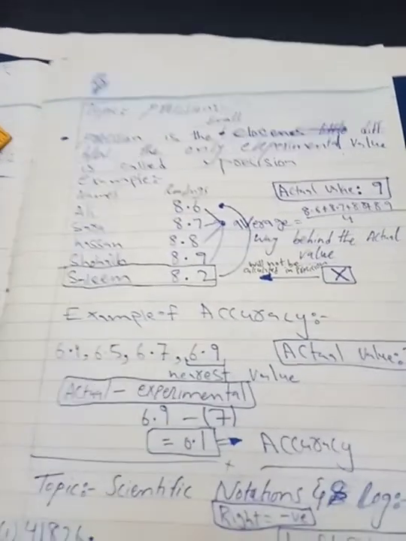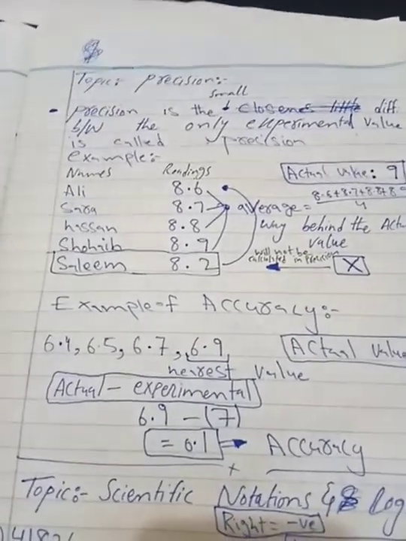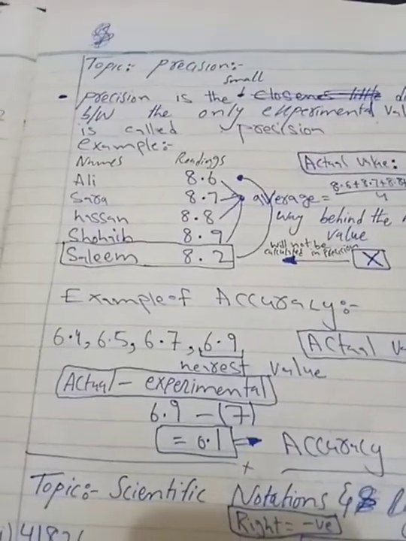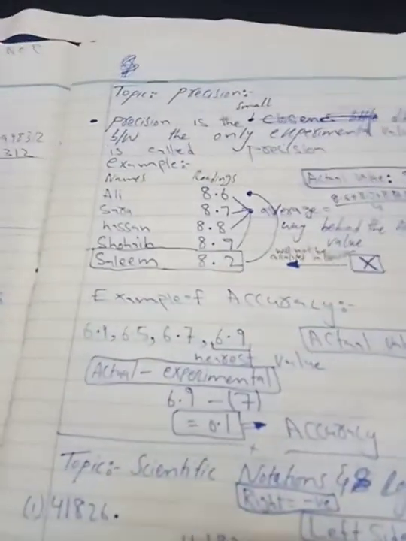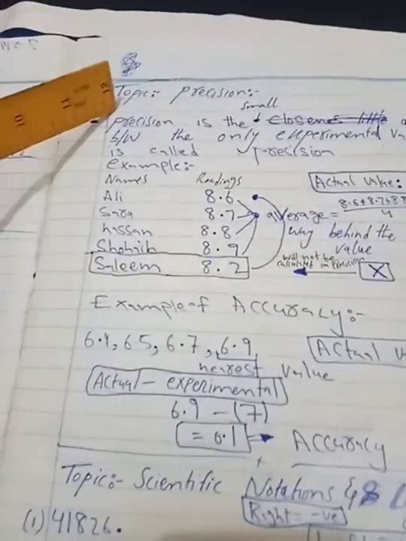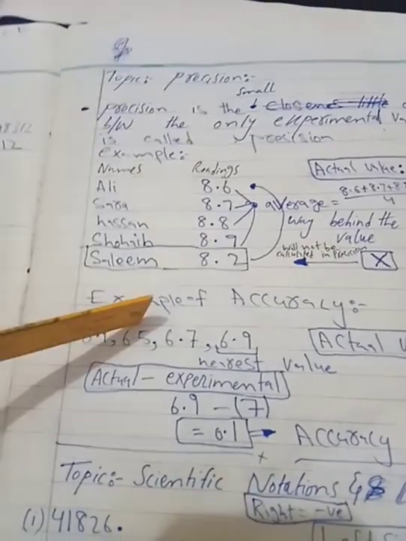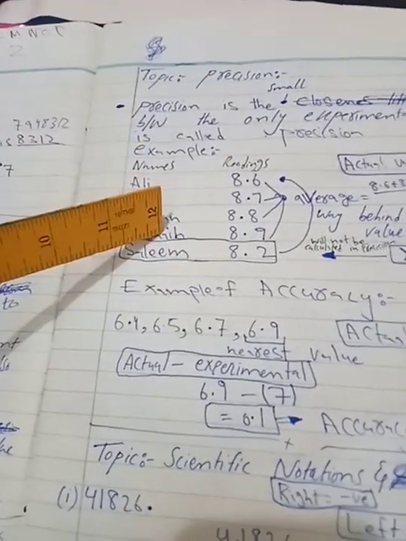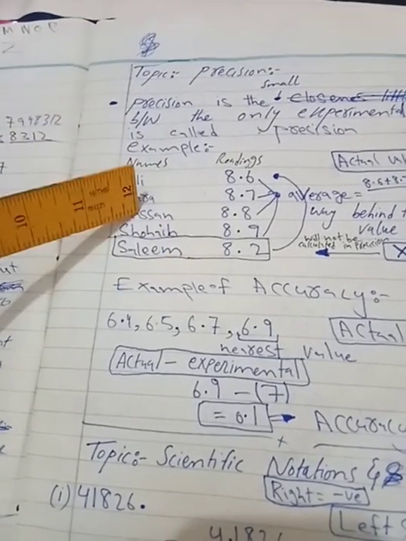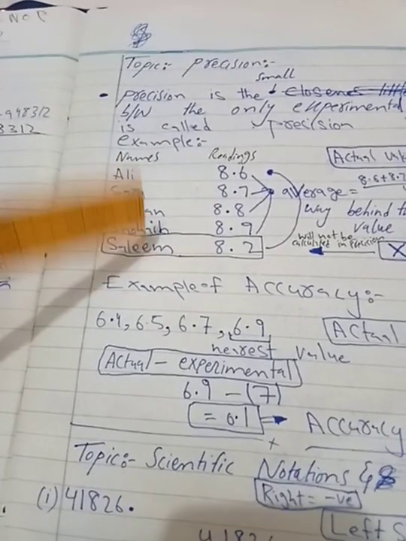The actual value was 9. When they took their readings, Ali had 8.6, Sarah had 8.7, Hassan had 8.8, and Shoaib had 8.9.